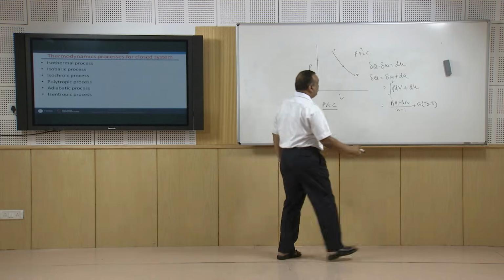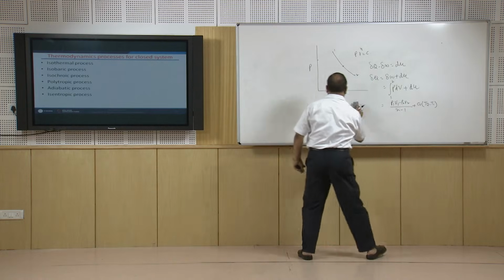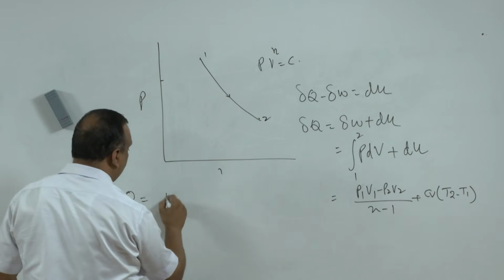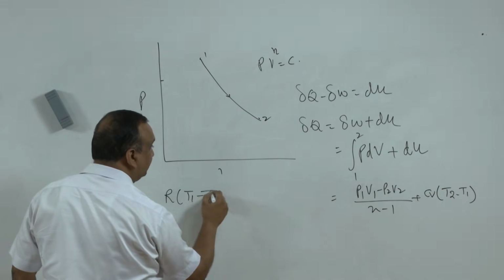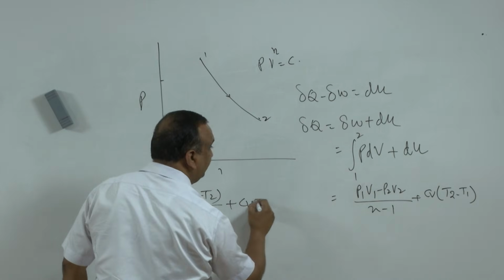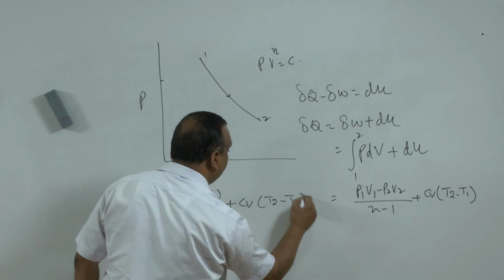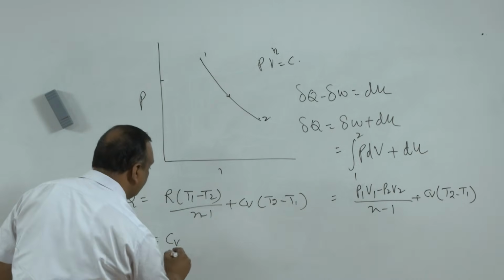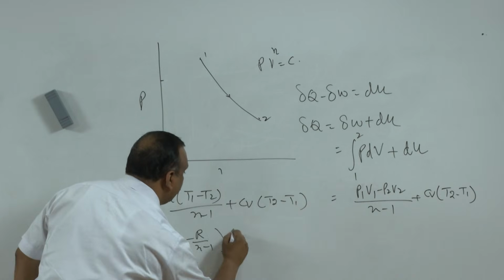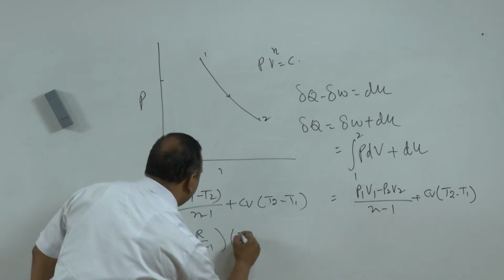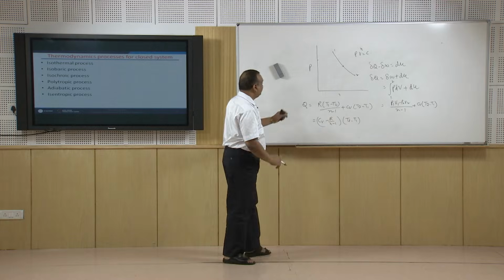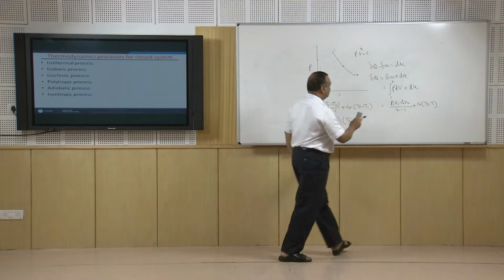Or if you write it in differential form, Q is equal to R (T1 minus T2) divided by (n minus 1) plus Cv (T2 minus T1), or we can write (Cv minus R by (n minus 1)) multiplied by (T2 minus T1). Now this is the heat transfer in a polytropic process.